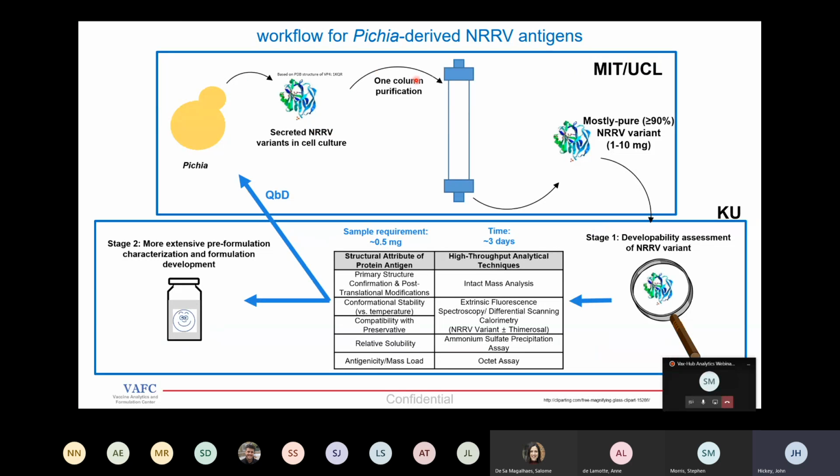They go through a simple 1-step purification, and then we would receive this material and go through a quick structural functional analysis that's looking at the primary structure, conformational stability, interaction with preservatives, relative solubility, and then antigenicity. And depending on the outcome, that information is either fed back into the process to design a better molecule, or it continued on to more extensive pre-formulation characterization.